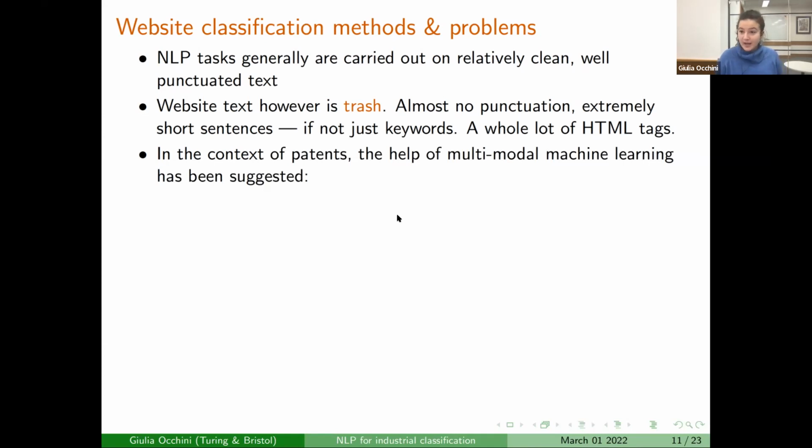In the context of patents, which have been used in the past to classify economic activities, but as I said before, they do not reflect the whole economic panorama of a country, the help of multimodal machine learning has been suggested, which means analyzing both the text of the patent and the figures in the patent and unifying the inference.